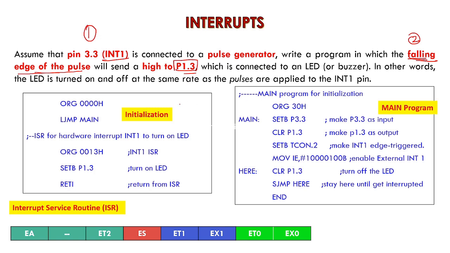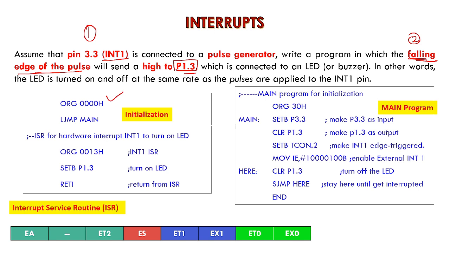So let me go to the program. Here I have separated it into 3 parts for your better understanding: first is the initial program, then the ISR, that is the interrupt service routine, then the main program. The first line is ORG 000H.